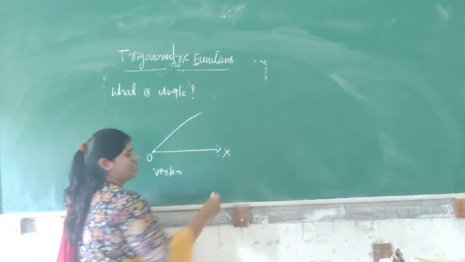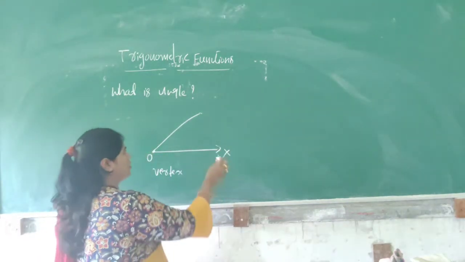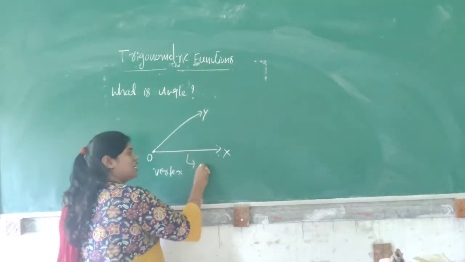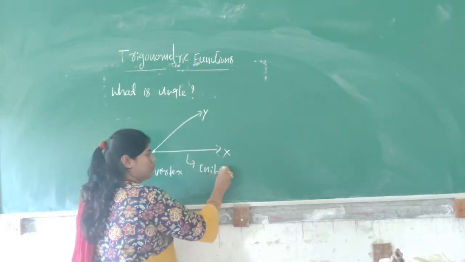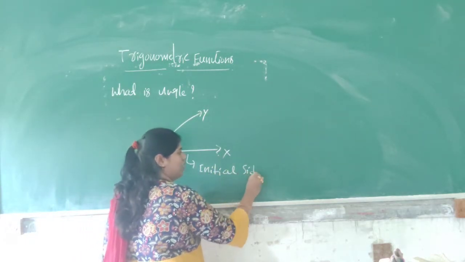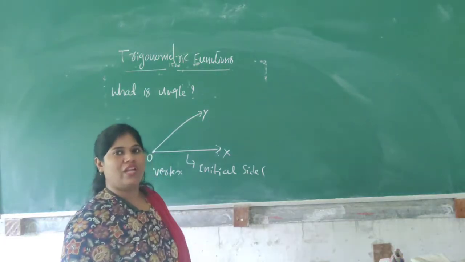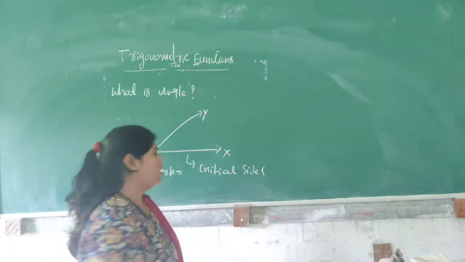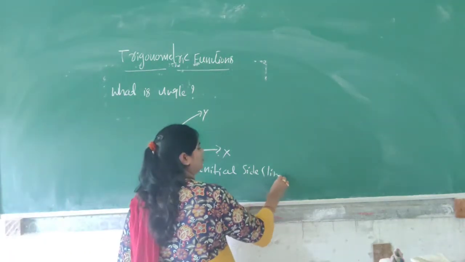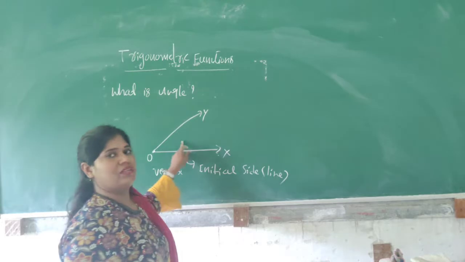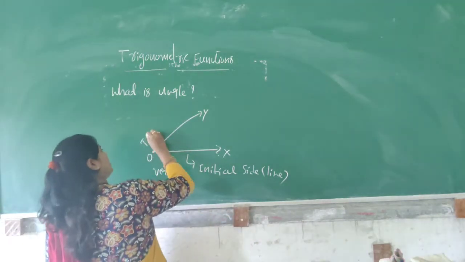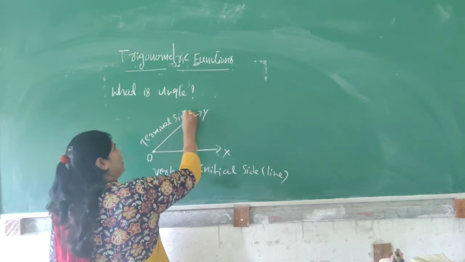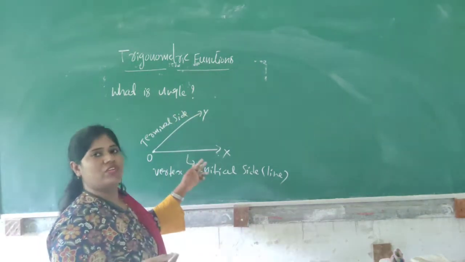The line OX is called the initial side. You can call it the initial line or initial side. And this one is the terminal side.